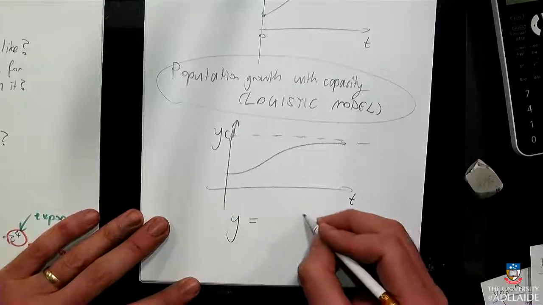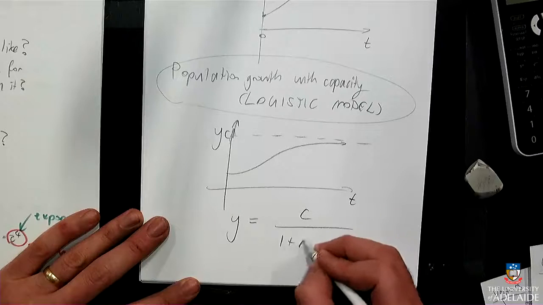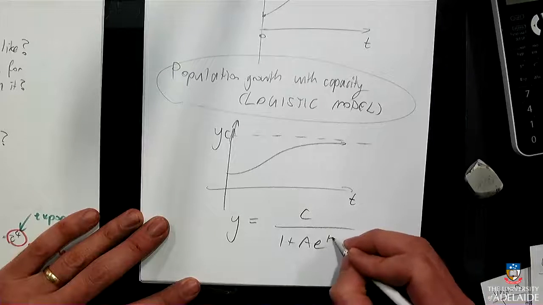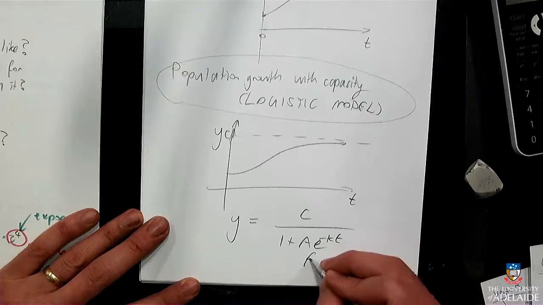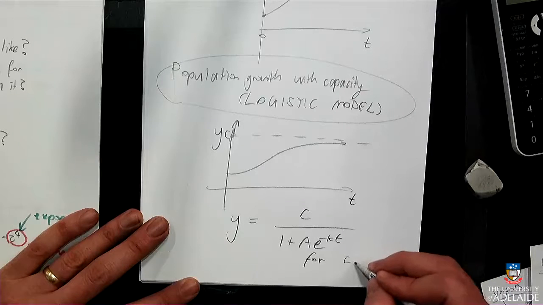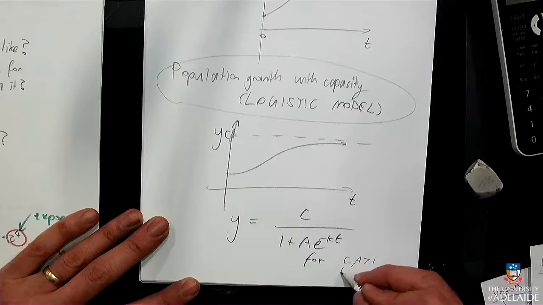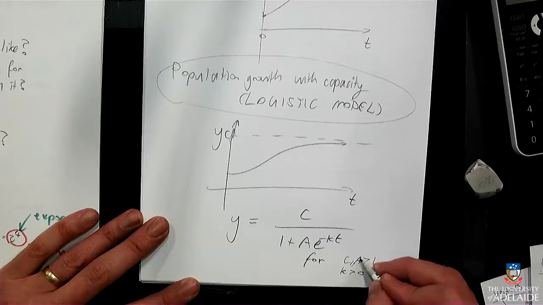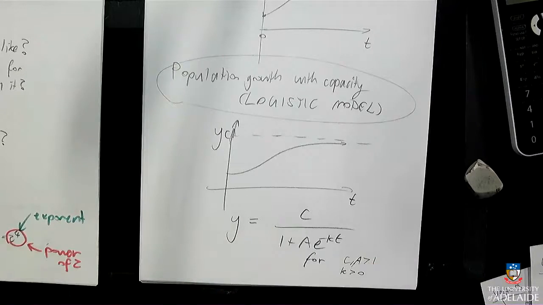Y is equal to C over 1 plus A e to the minus kt, for C and A greater than 1 and k greater than 0. It's called the logistic model.